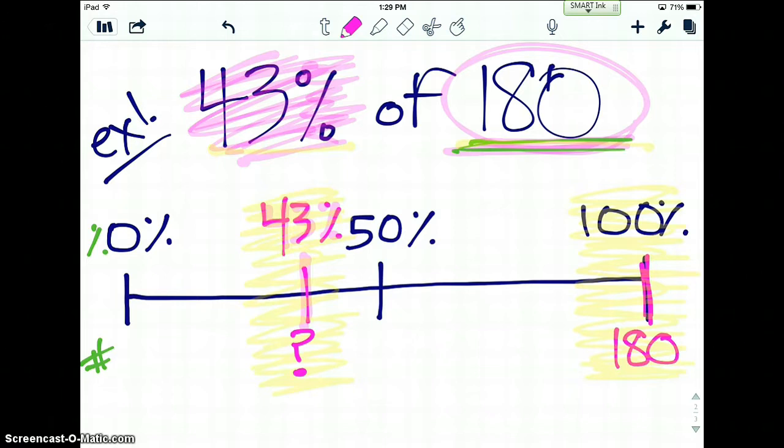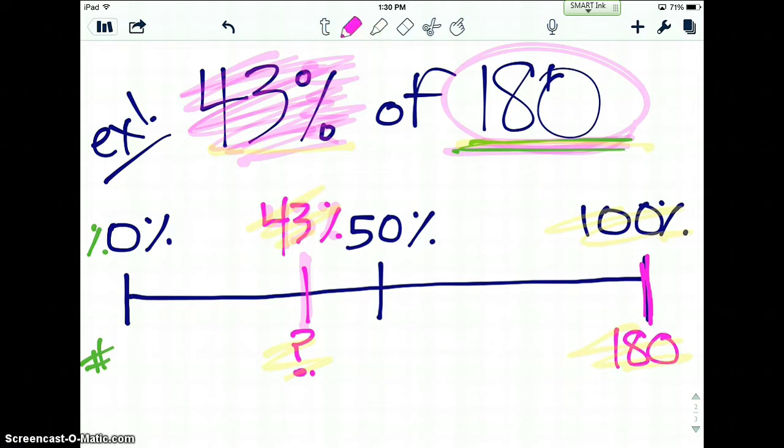So I see ratios here. I see different ratios I could set up. I'm going to set one up here. I see I could have 43 goes with question mark, just as 100 goes with 180. Or if I don't like that setup, I could set it up this way. 43 goes with 100, just as question mark goes with 180.